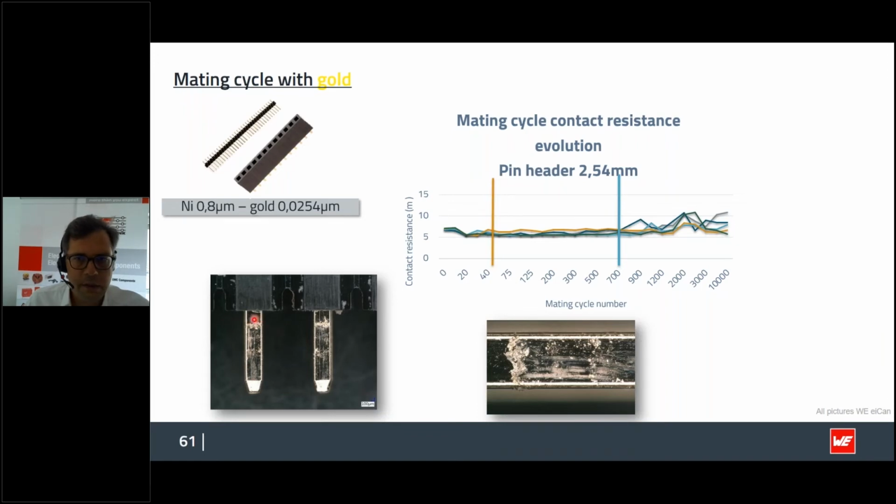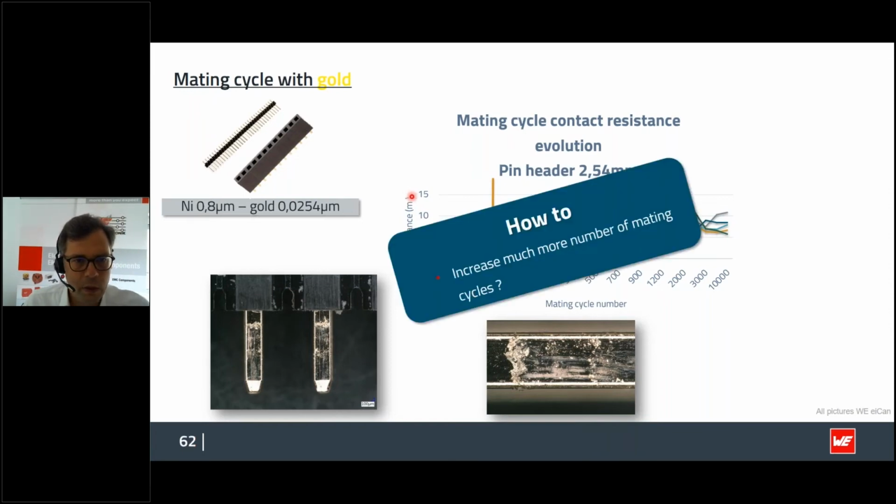In this case, the mating cycles were around 700. Also, the contact resistance remains in a very similar way, very parallel to the curve around the defined 10 milliohms. Unfortunately, the ohm sign got lost here, so we also need to add that.